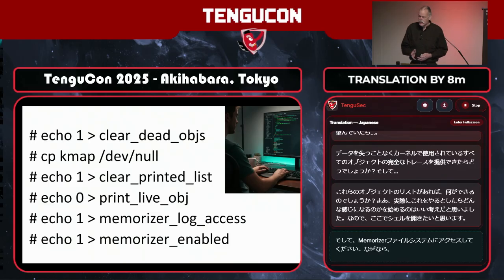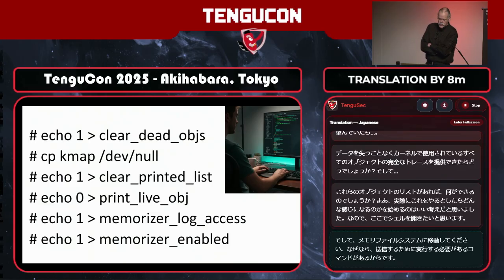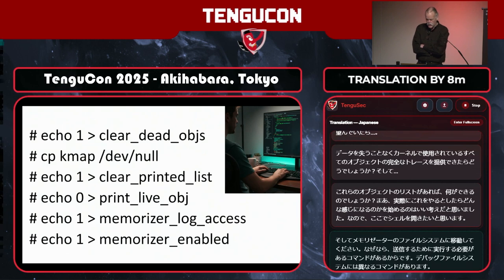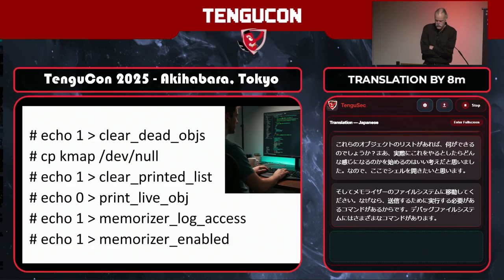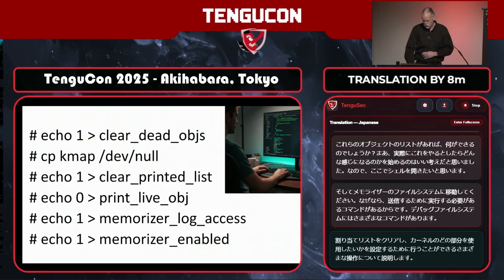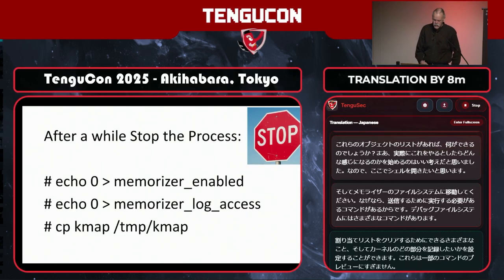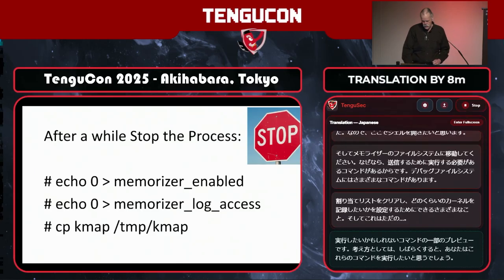We have in the debug file system different things you can do to clear out allocation lists and set up how much of the kernel you would like to record. This is just a preview of some of the commands you might want to run, with the idea being that after a while you want to stop the process, and these are the commands that you would use to do that.